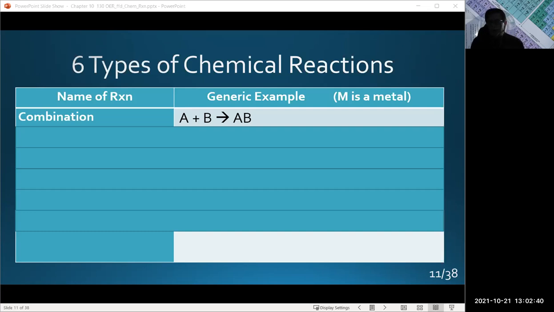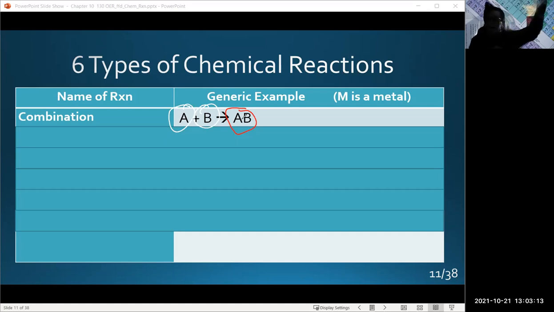You can see here we have 2 reactants, A and B. 99% of the time, those 2 reactants are elements of some sort. They're going to combine together to create a compound. Remember, the definition of a compound is 2 or more different elements coming together.